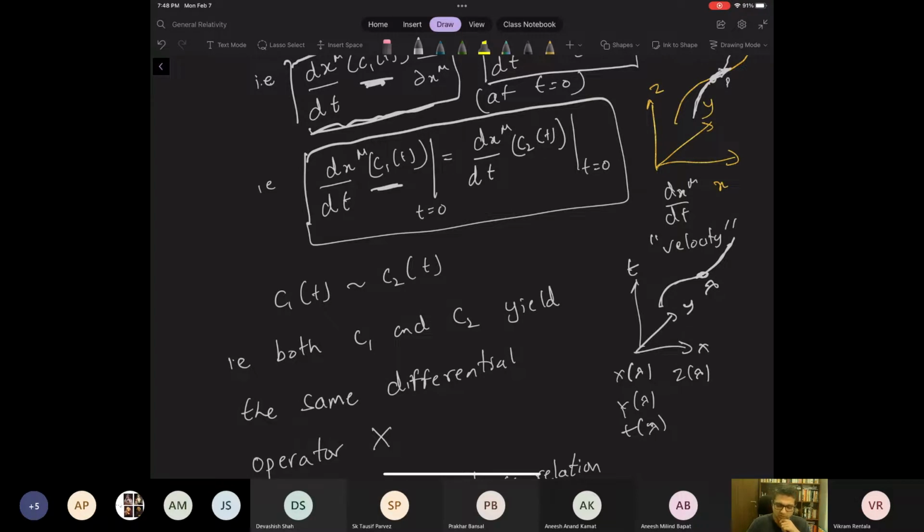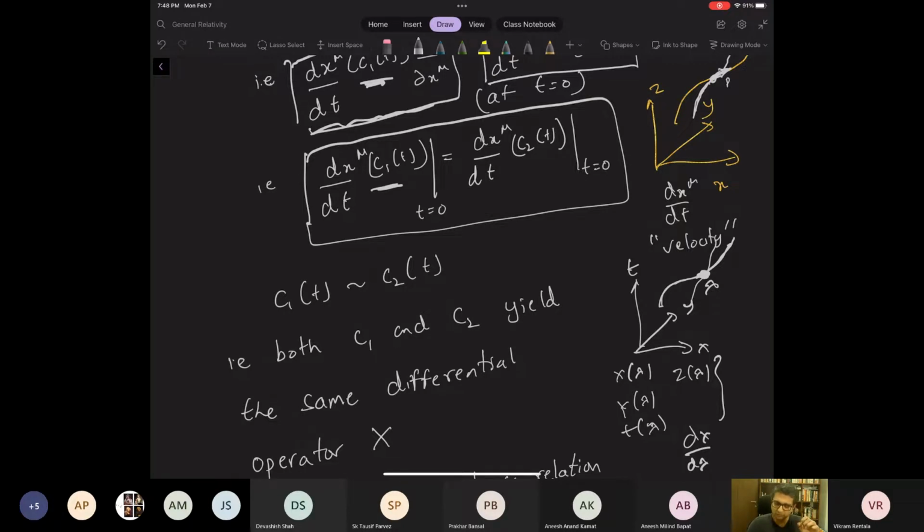And so what we're saying is that if I take dx/dλ, dy/dλ, dt/dλ and dz/dλ, those are the same for two different curves at some particular point.